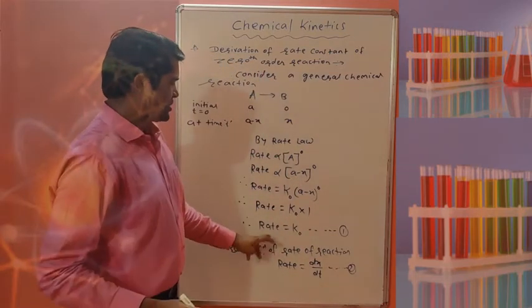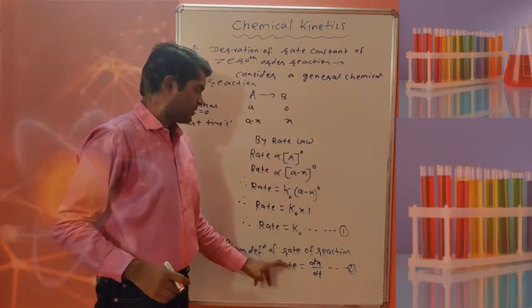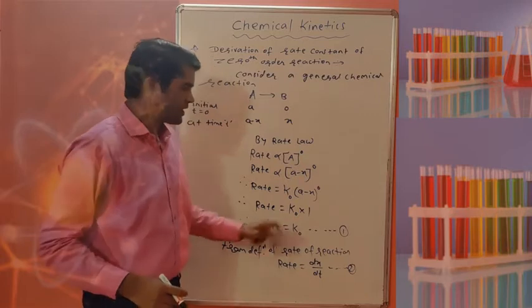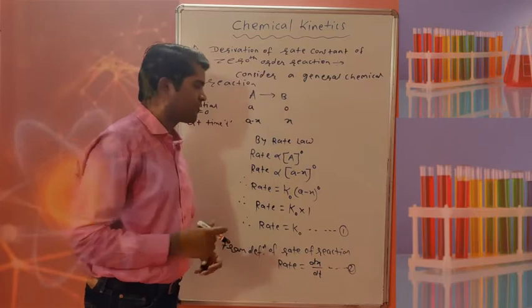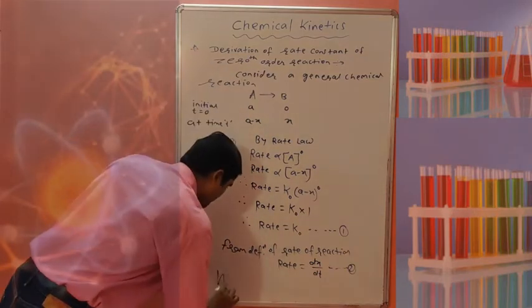So these are the two equations: rate is equal to K0, and rate is equal to dx by dt, where K0 is the rate constant for a zeroth order reaction.